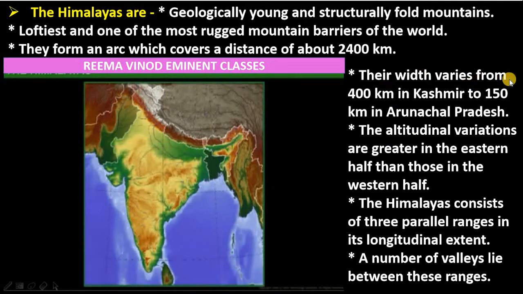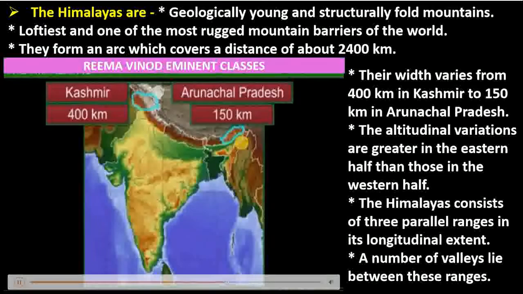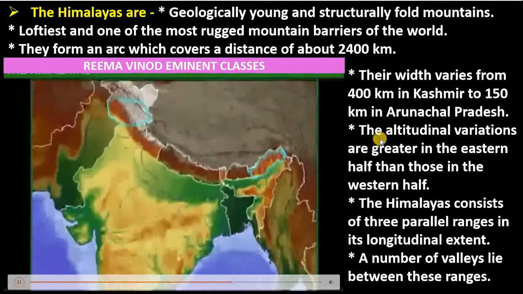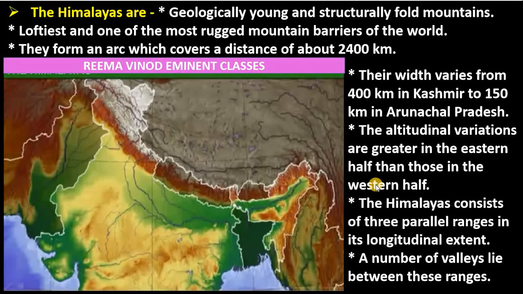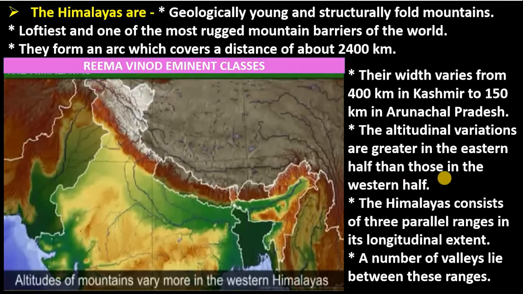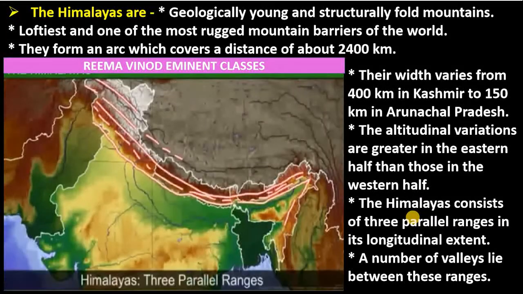Their width varies from 400 km in Kashmir to 150 km in Arunachal Pradesh. The altitudinal variations are greater in the eastern half than those in the western half. Himalayas consist of 3 parallel ranges.